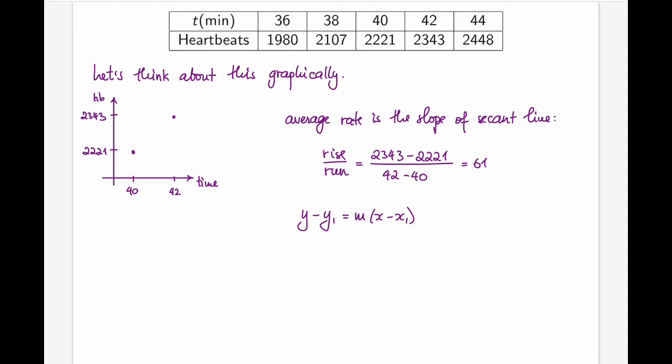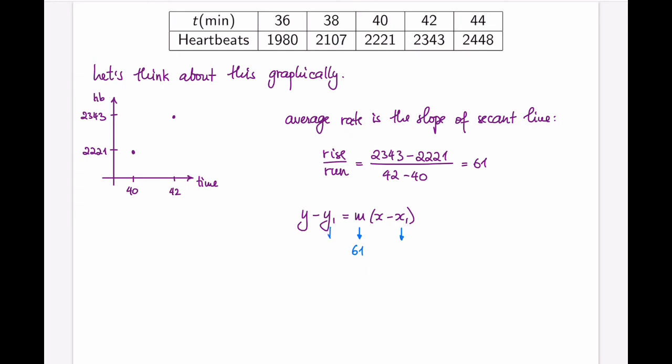So what I have here is my x and y that are variables within the equation of the line. I have my m, which is a slope, and I have x1 and y1, which are coordinates of some point on my line. So I already know what the slope is because I've just computed it. So this m is 61.